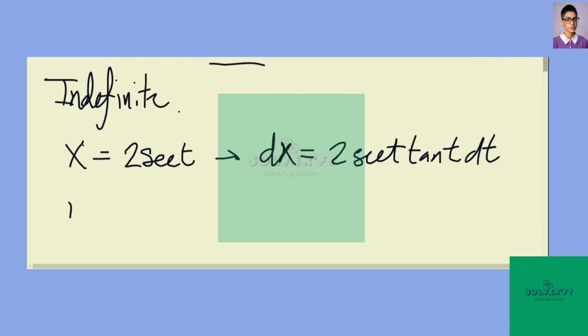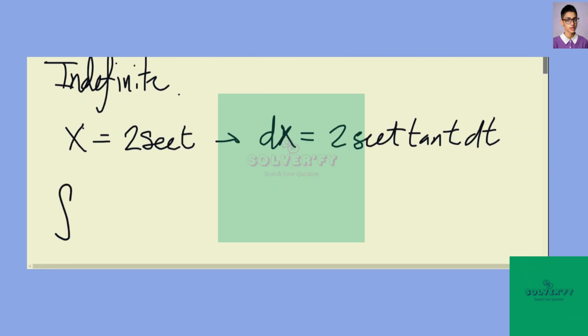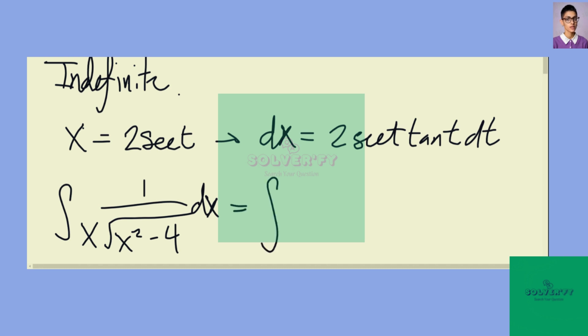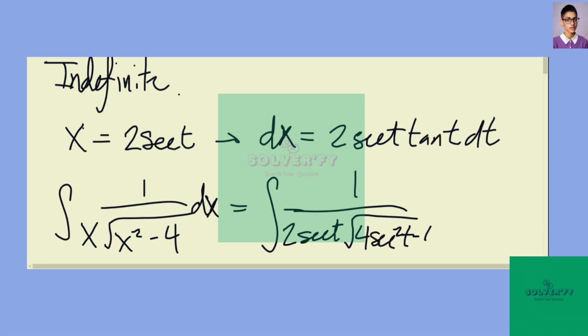And so the integral of 1 over x times the square root of x squared minus 4 dx becomes the integral of 1 over, and then x we know is 2 times the secant of t, times the square root of 4 times secant squared of t minus 4, and then dx becomes 2 secant t tangent t dt.